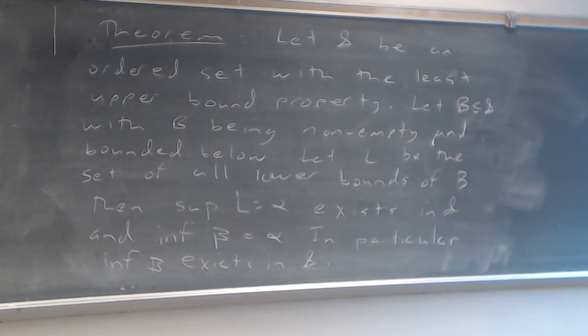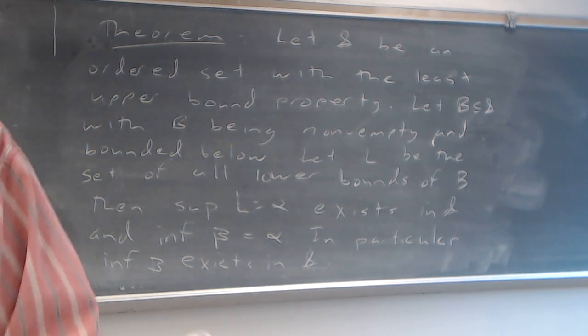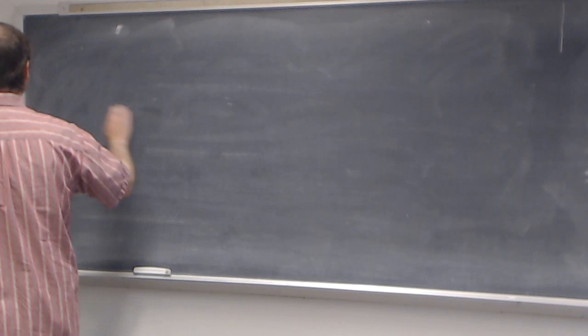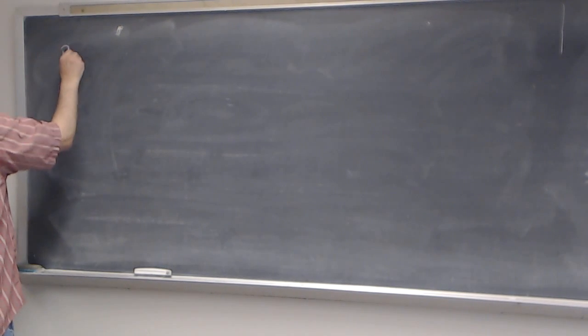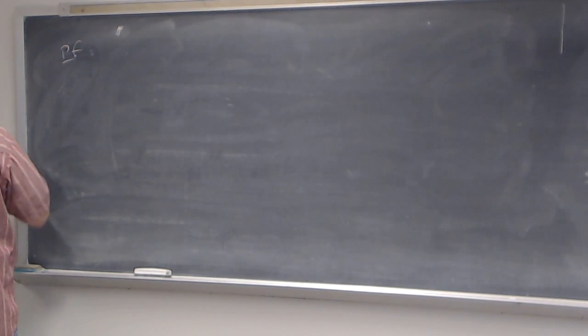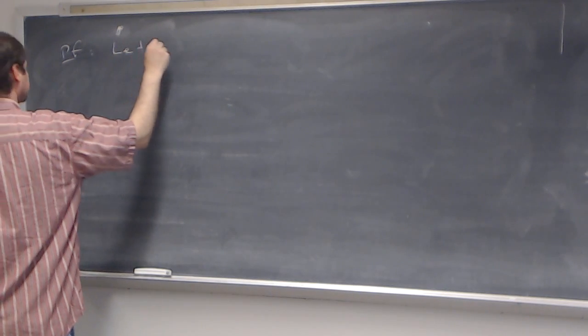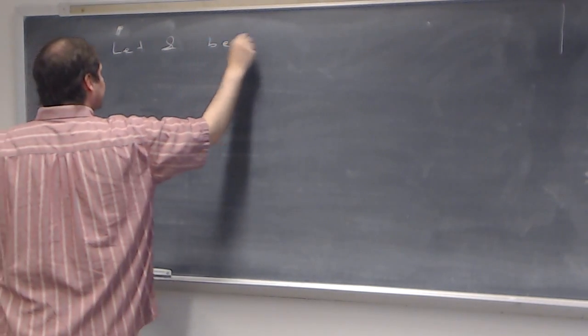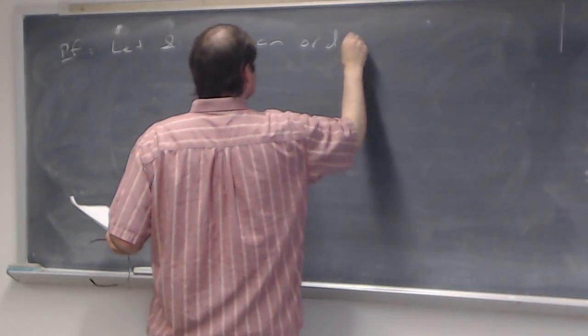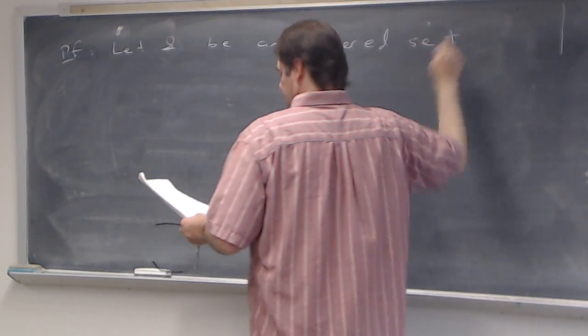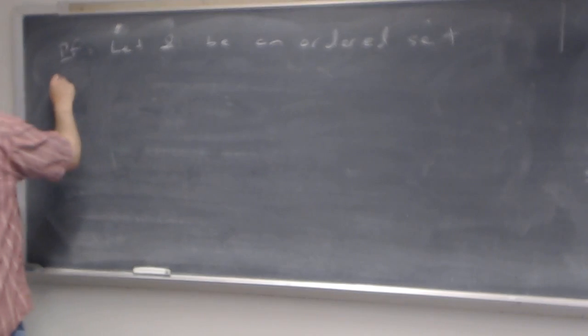Okay, let's look at its proof. Let's put up the hypothesis. Let script S be an ordered set with the least upper bound property.